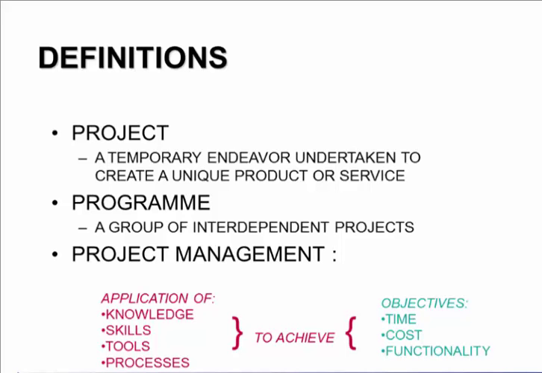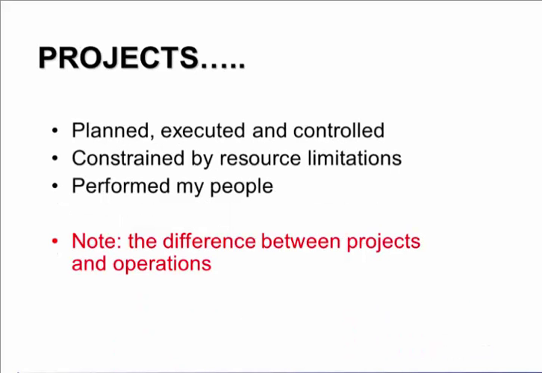So we have a project which has a series of steps. The steps have to be planned, executed, and controlled in a way that will allow the aspects of the system to be used and also to be utilized to have an outcome.